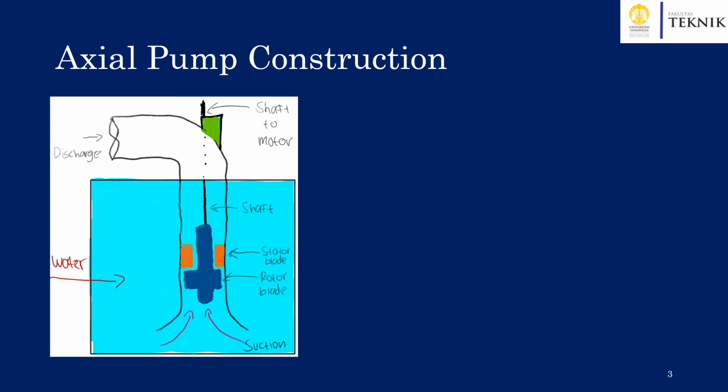To move the impeller, we need an electric motor, of course, to drive the shaft, and the shaft is connected to the impeller, which we call the rotor blade. We also have a stator plate that remains stationary and sticks to the wall of, let's say, the pipe. This is actually the casing of the pump, or it can be a pipeline.